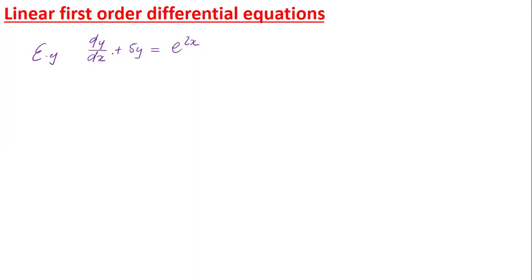Now, what is the degree of this differential equation? The degree is going to be 1 because we can see that this dy over dx is raised to the power of 1. But if you have dy over dx to the power of 2, the degree of this is equal to 2. Now, let's talk about the order. For the order, we look at how many times the equation was derived.